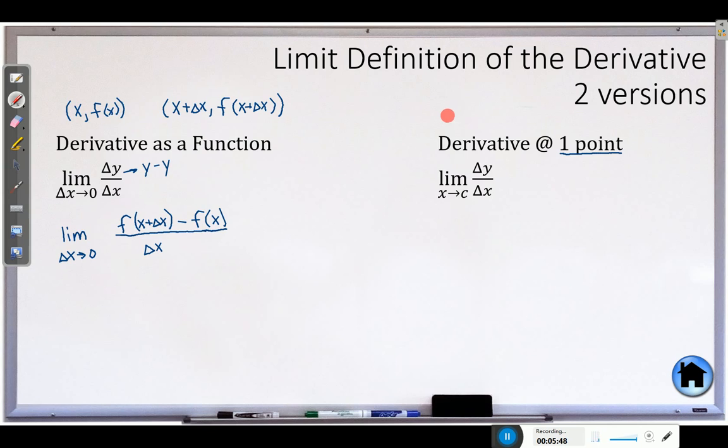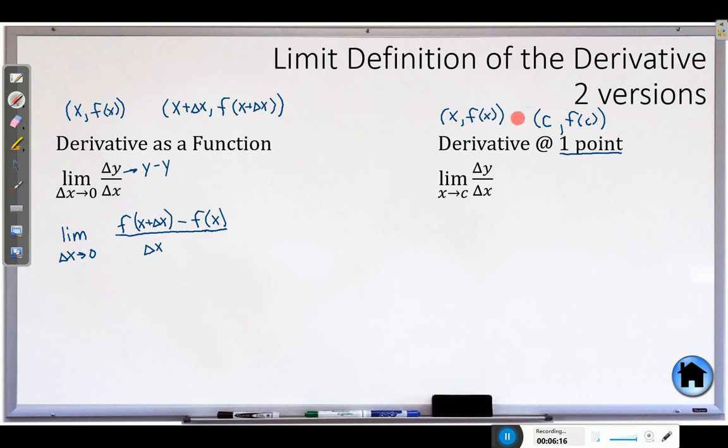All right, so what would this look like? So this time our 2 points are going to be x, f at x again. But we're going to simplify the second point. It's just going to be a different x value, so we're going to call it c, and so our output would be f at c. So those are our 2 points. And this time x is going to get closer and closer to c.